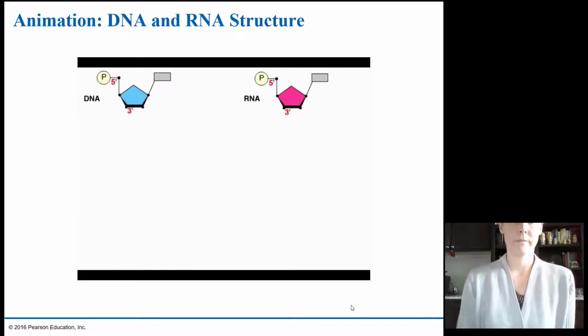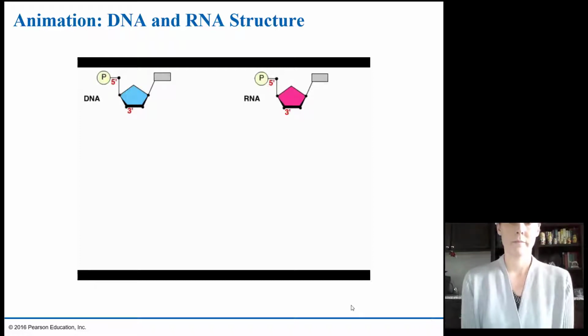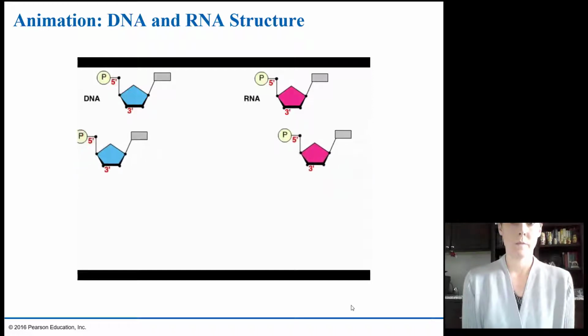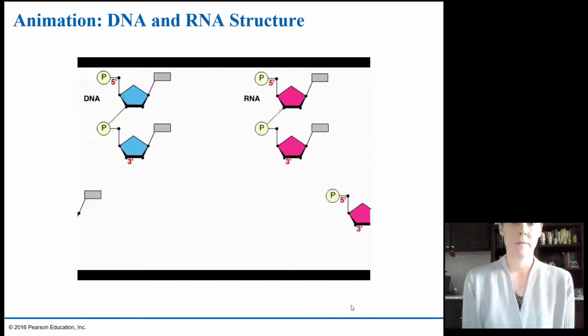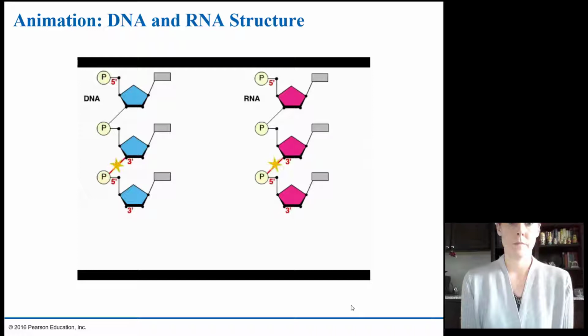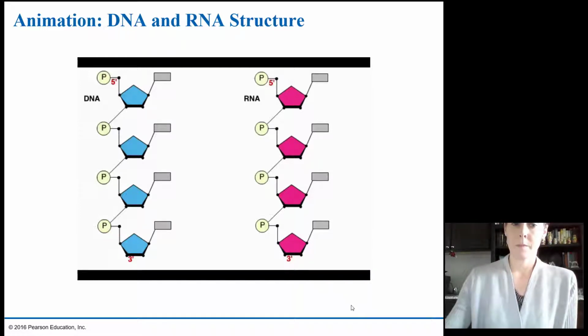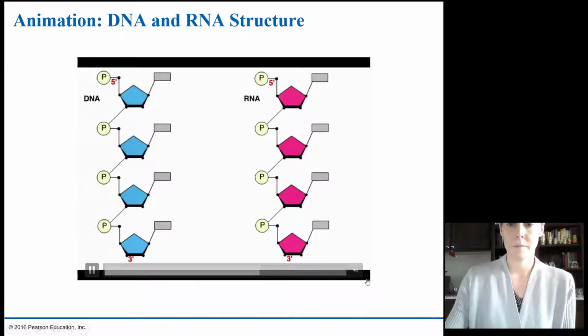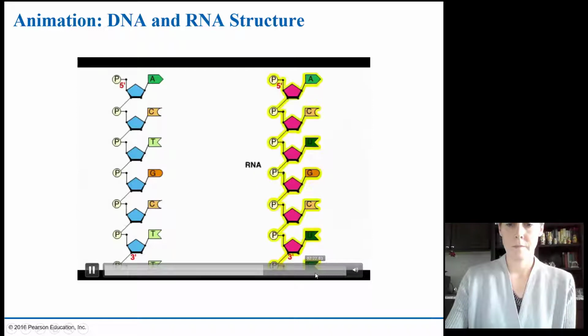DNA and RNA are polynucleotides, long chains of nucleotides. Polynucleotides are always assembled in the 5' to 3' direction. A covalent bond forms between the carbon at the 3' position of a nucleotide and the phosphate group at the 5' position of the next nucleotide. RNA usually consists of a single polynucleotide.